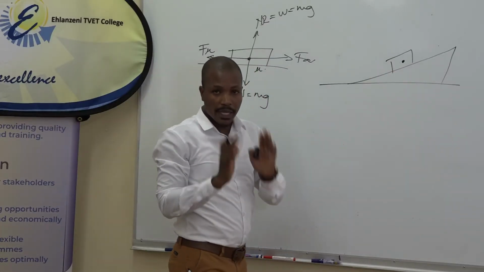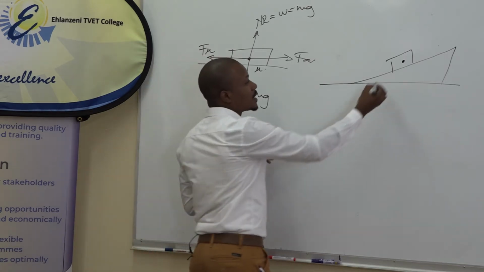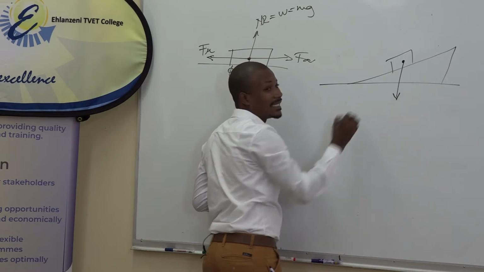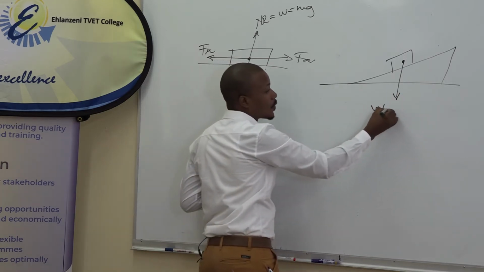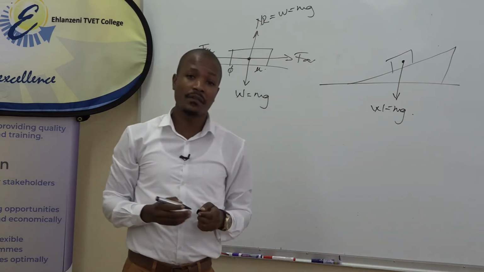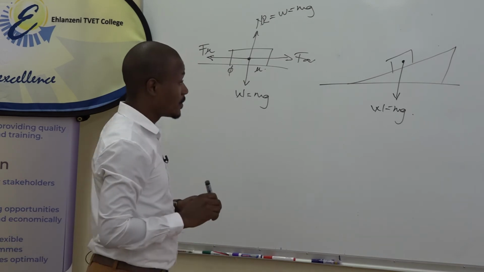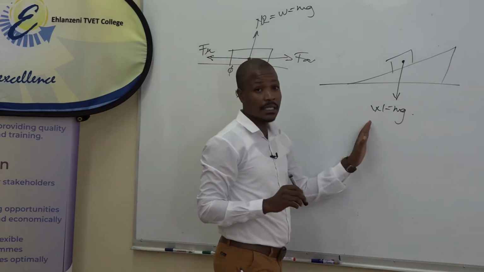We know that our weight, in any circumstance, should always be vertically down. Why is your weight always vertically down? Because your weight is always affected by gravity, and gravity is always vertically downwards. So it means that our weight is vertically down.